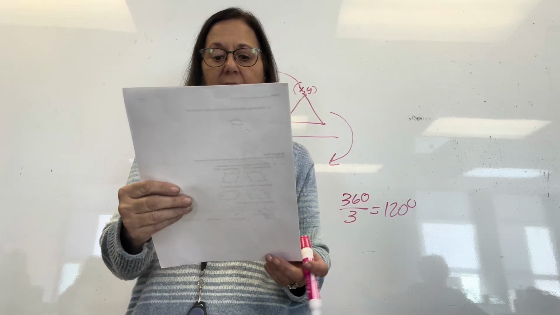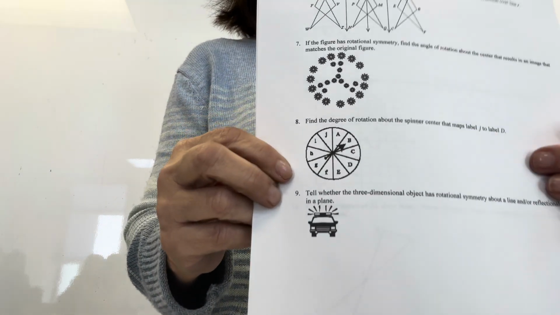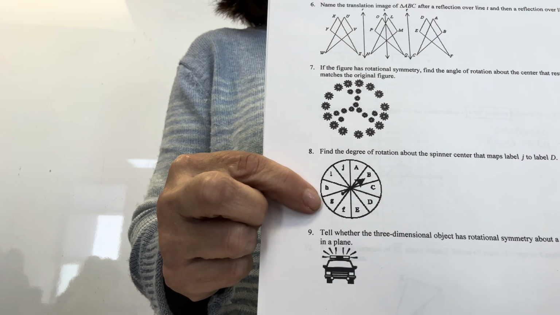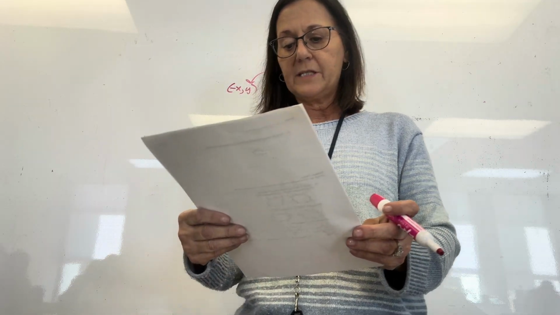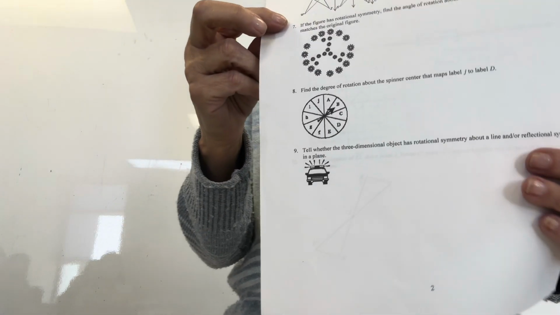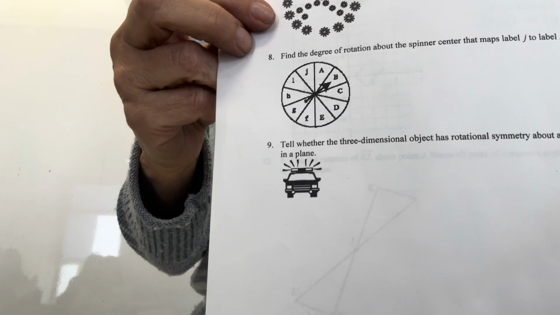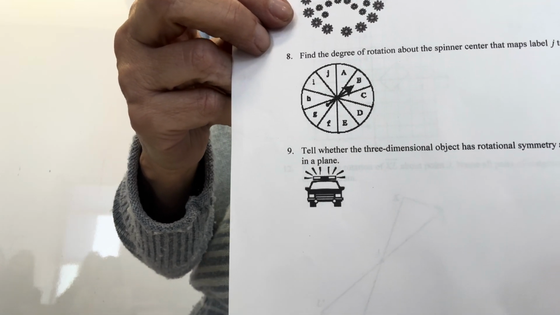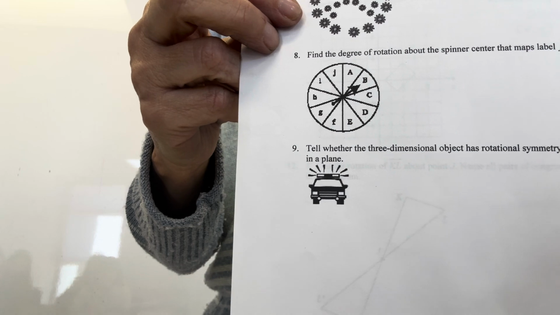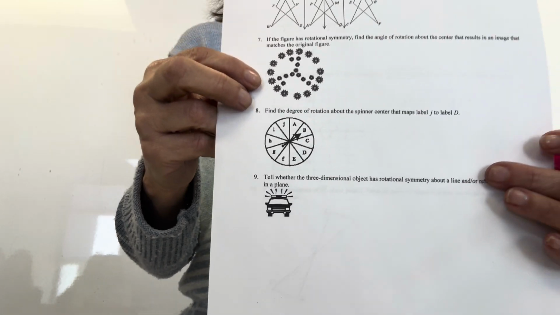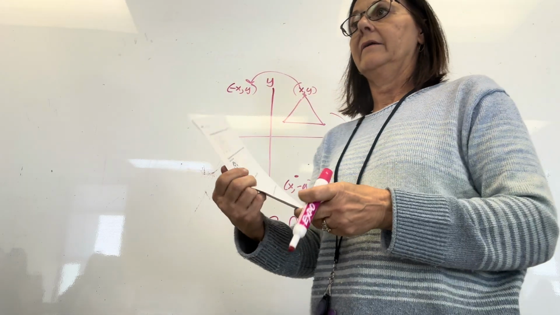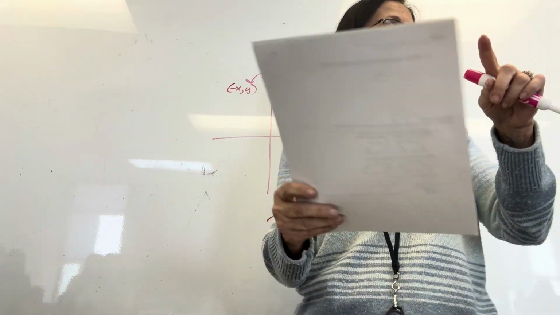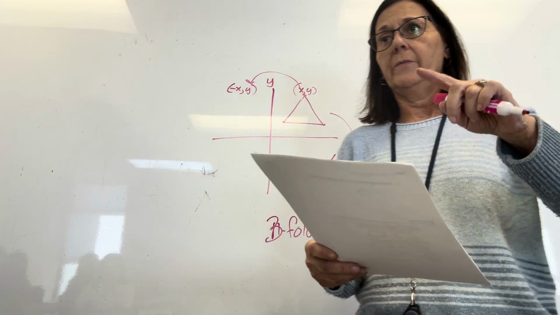All right, now we have a spinner. And when we spin, we want to find the degree of rotation that maps J to D. So we're going from J to D. First, let's decide what would be the angle from going from J to I. What would one movement of the spinner be?